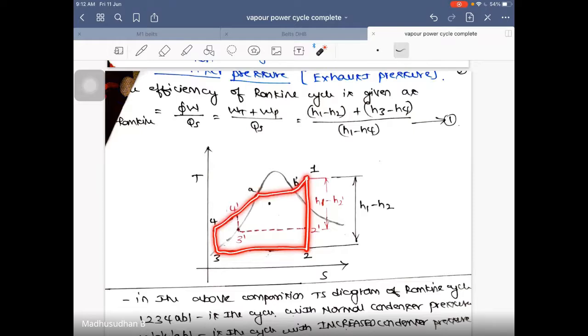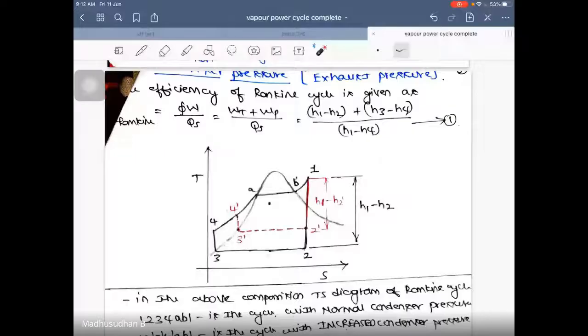Please observe carefully. Now, if I increase the condenser pressure, where is the condenser pressure? Whether it is from A to B or 3 to 2. It is 3 to 2. So if I increase this value, I have increased it from 3 to 2 to 3 dash to 2 dash.